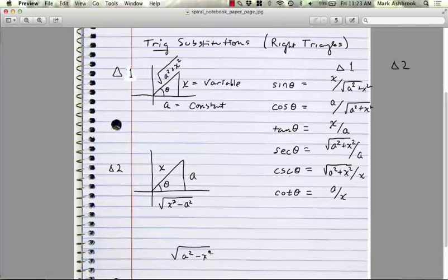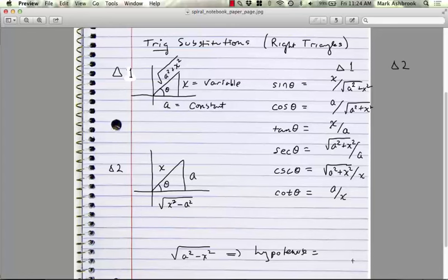That would be if the hypotenuse was what? It's a new triangle, a third triangle.